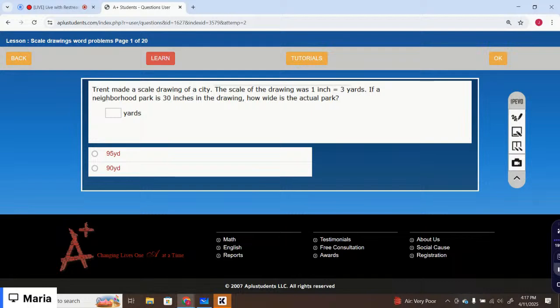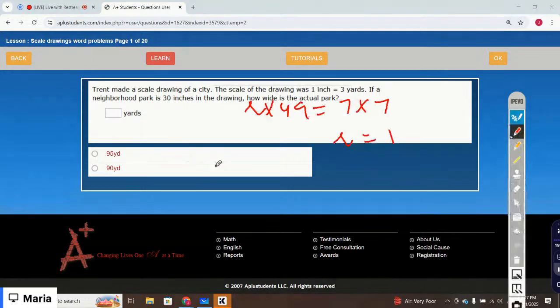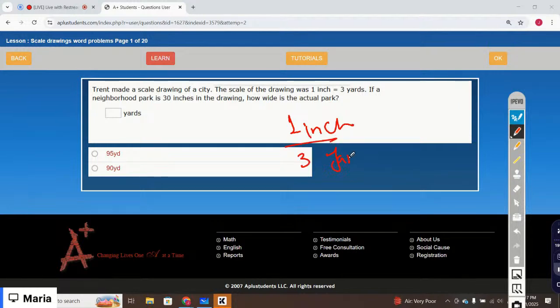The scale of the drawing was 1 inch equals 3 yards. If a neighborhood park is 30 inches in the drawing, how wide is the actual park? So the scale is 1 inch to 3 yards. In a drawing that is 30 inches, you need to calculate the actual width of the park.